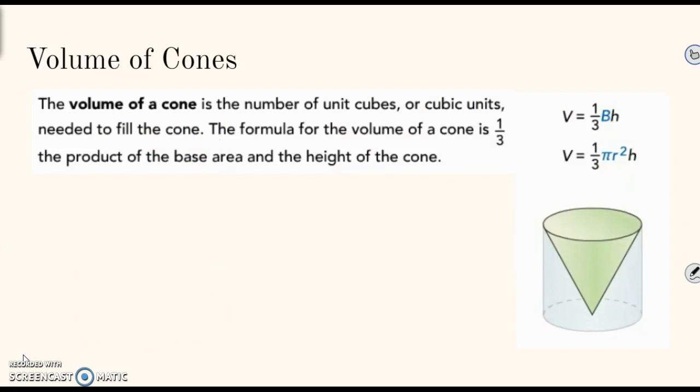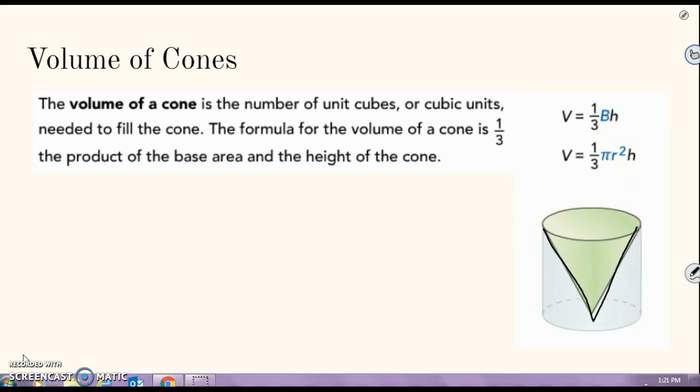Our next circular solid is a cone. The volume of a cone is the number of unit cubes or cubic units needed to fill the cone. The formula for the volume of a cone is 1/3 the product of the base area and the height of the cone. As you can see in our picture, we have a cone that's located inside of a cylinder.